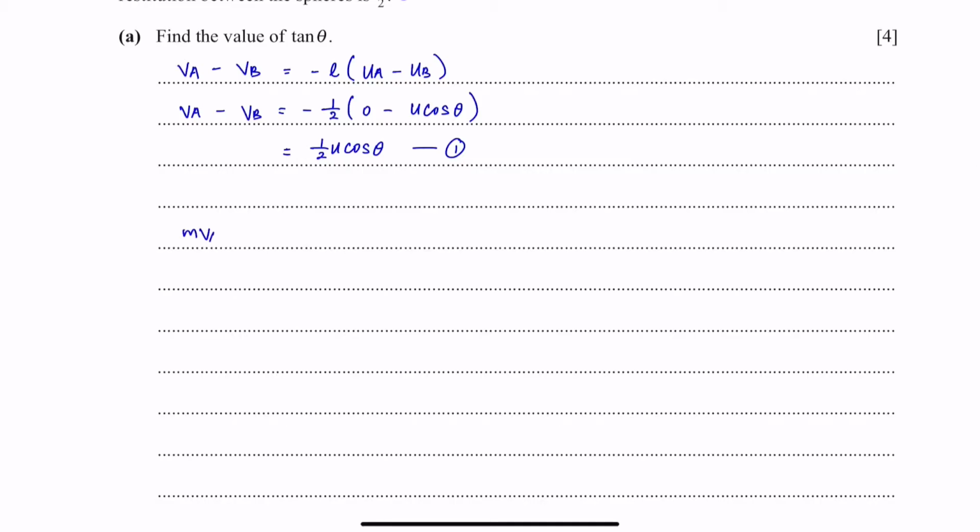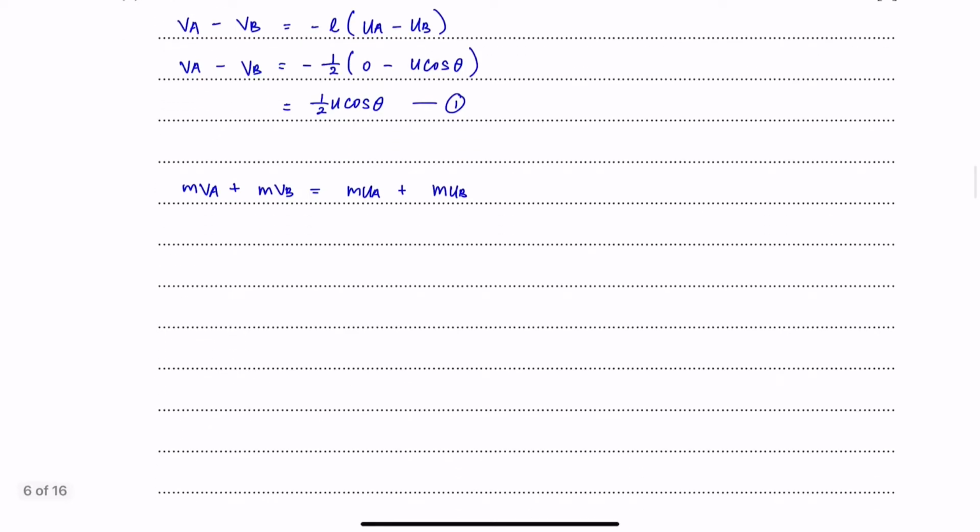Second equation, we can use m VA plus m VB equals m UA plus m UB. So we can cancel out the masses, and VA plus VB would be equal to U cos theta.